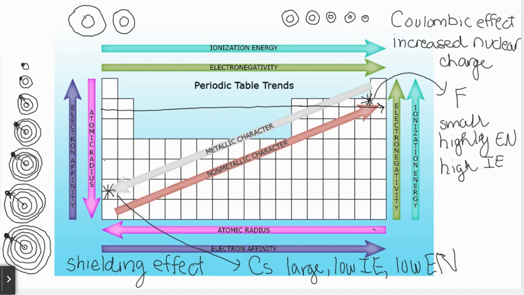High non-metallic character for fluorine means that it is highly electronegative, with high ionization energy. It is small, it is dull, brittle, and it's an insulator. Down here, cesium, the other, is large, has a low ionization energy, a low electronegativity. It has high metallic character, and it has low non-metallic character.